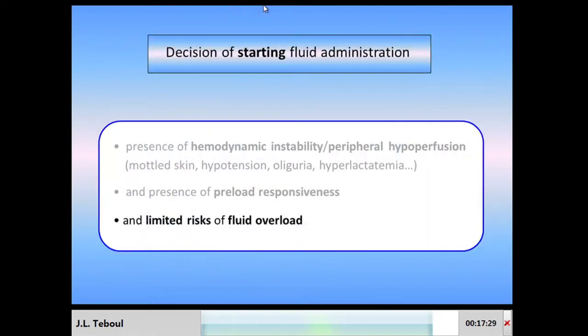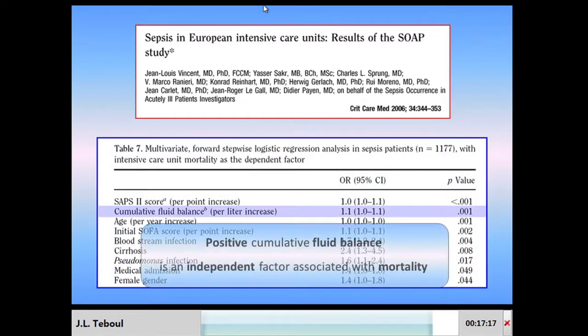And the third element, which is also mandatory, is the presence of limited risk of fluid overload. So we need all three elements because we know that fluid overload is not good. This is one of the studies that show that a positive cumulative fluid balance could be associated with increased mortality.